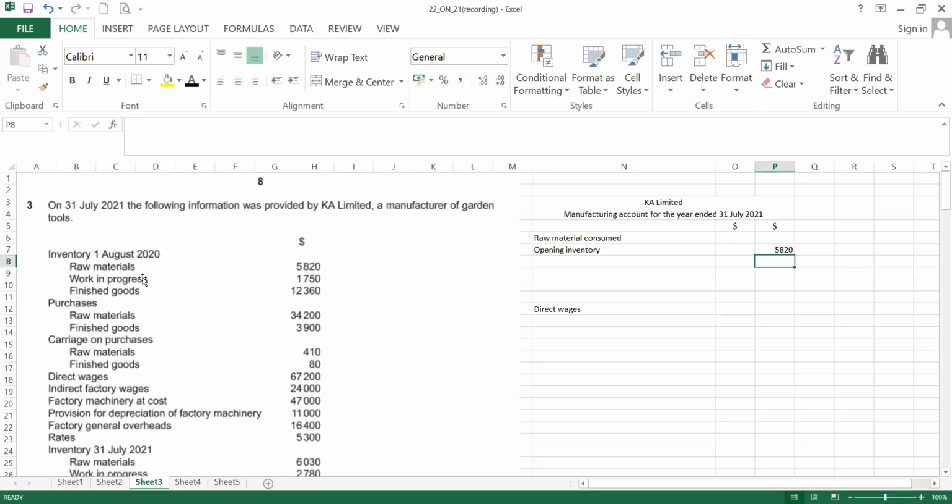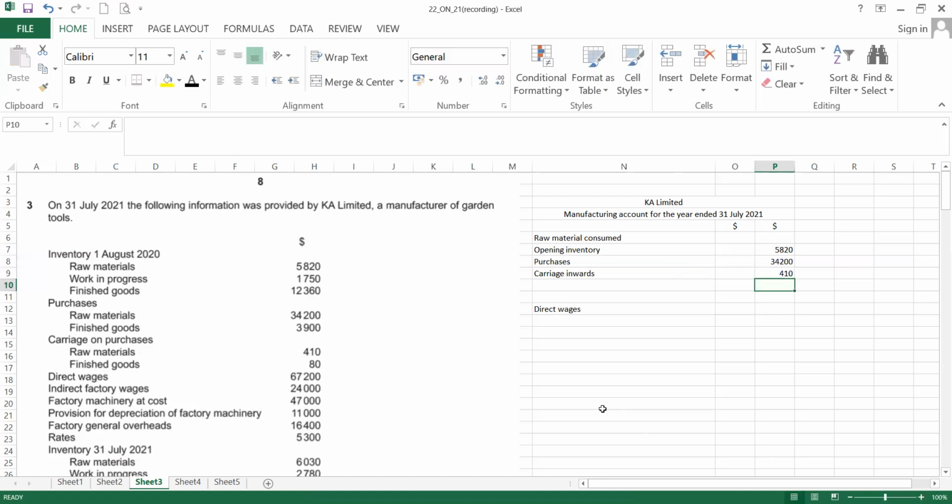Next is purchases. Purchases has two types, raw material and finished goods, but we only take the raw material amount, which is 34,000. And then here you saw the carriage on the purchases. This refers to carriage inward. Okay, carriage inward is 410.